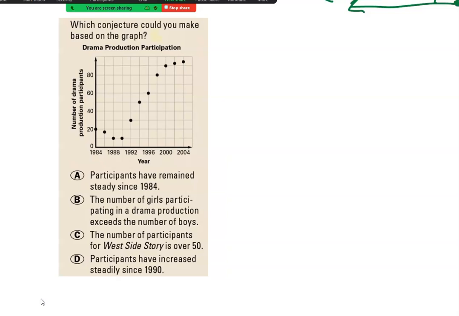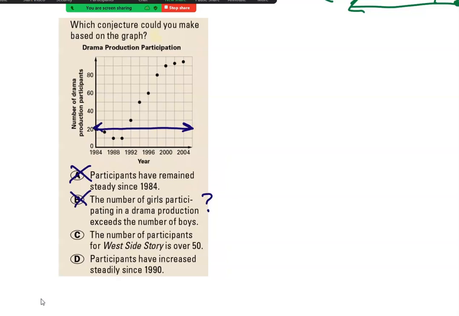If they did, then I would have a steady line like that. I don't have that, so I can't use that. The number of girls participating in a drama production exceeds the number of boys. I have no idea whether these are boys or girls, so I can't say that.